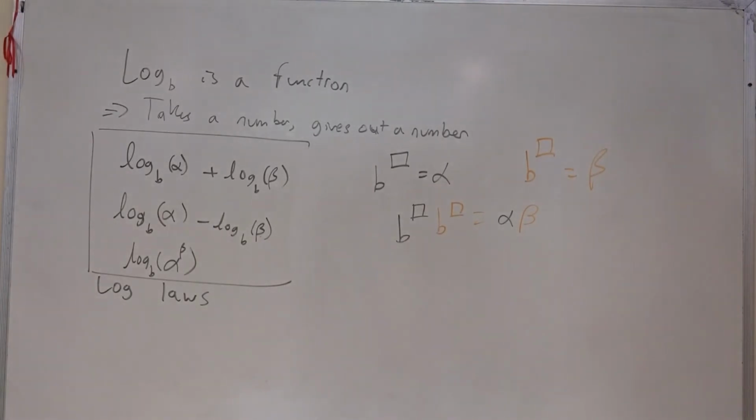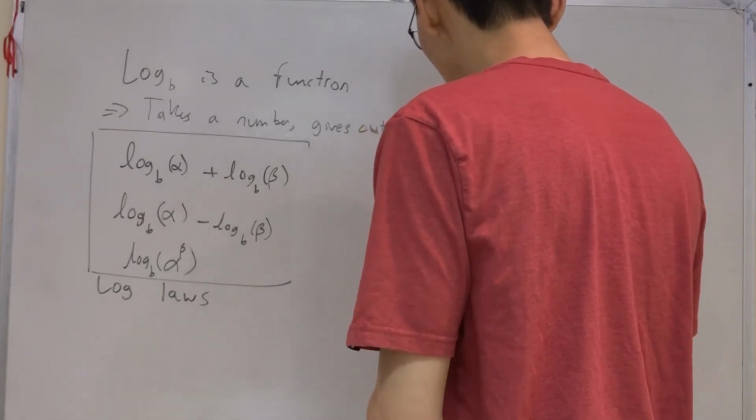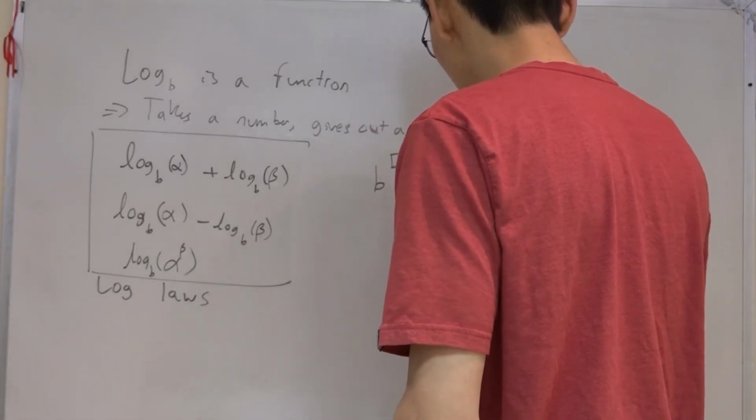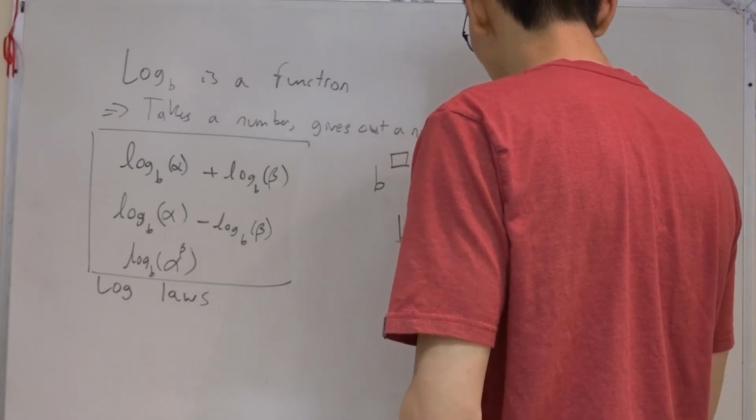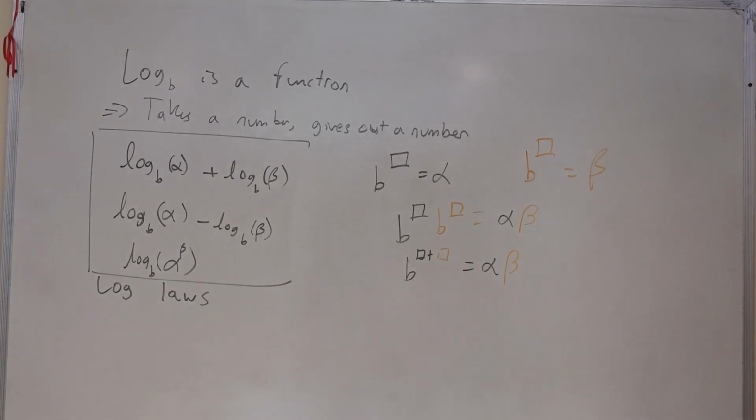Now it should be clear. Okay? Because by our law of exponents, we get B to the black box plus orange box is equal to alpha beta. So in other words, what we can do is we can just rewrite.